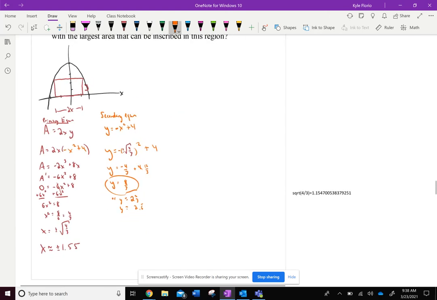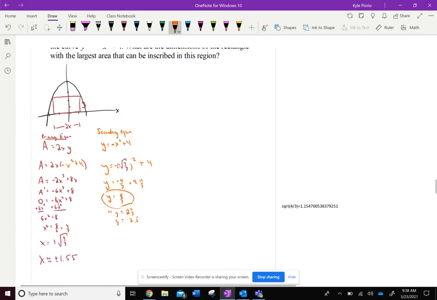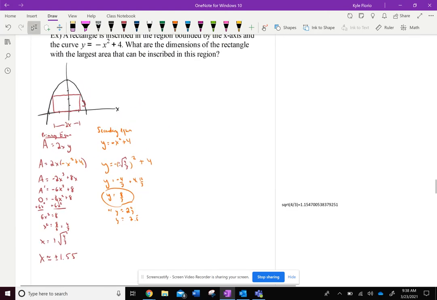Okay, so let's answer the question. What are the dimensions of the rectangle with the largest area? The dimensions are, so the base would be 2x, so it would be 2 times 1.155.